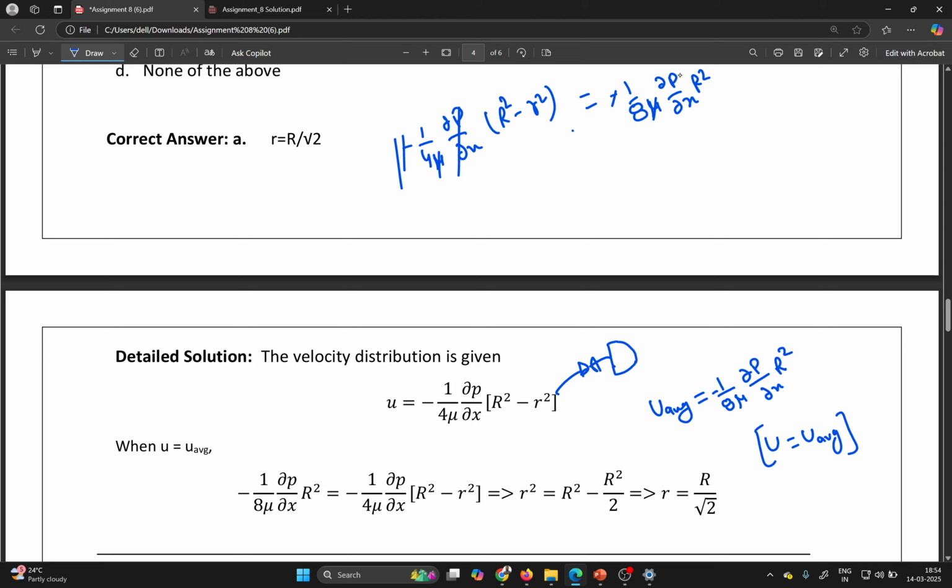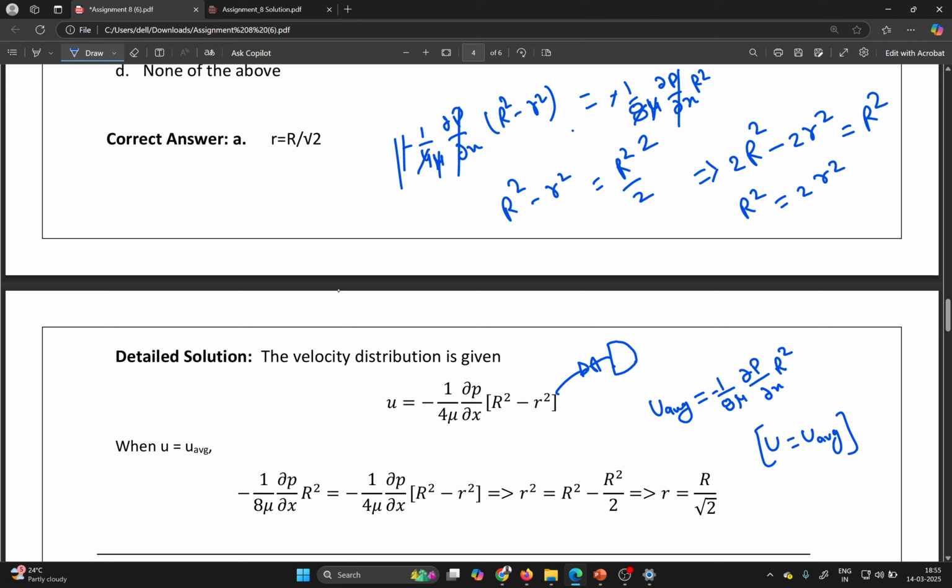So 4 to 8, R square minus r square is equal to R square by 2, means 2R square minus 2r square is equal to R square, means r square is equal to R square by 2.